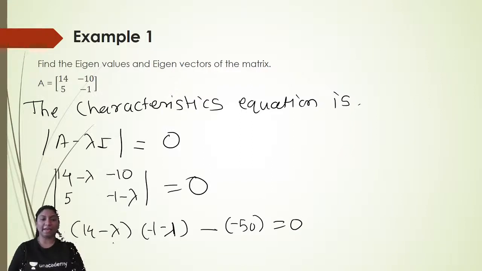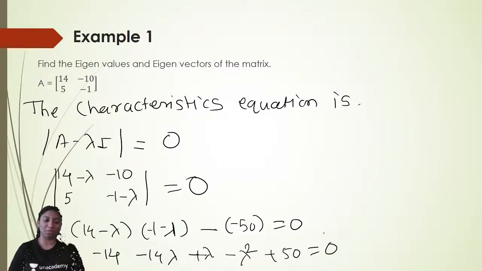So we'll get the characteristic equation: minus 14 lambda plus lambda, minus lambda square plus 50 is equal to 0. So you will get minus lambda square minus 13 lambda plus 36.